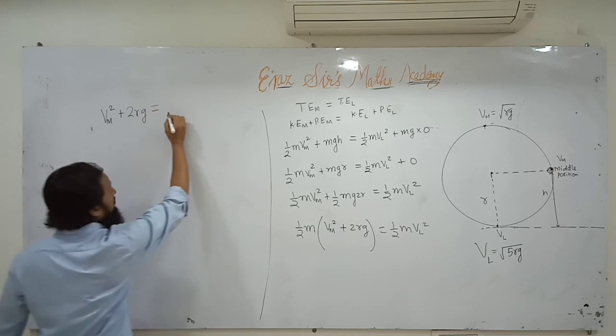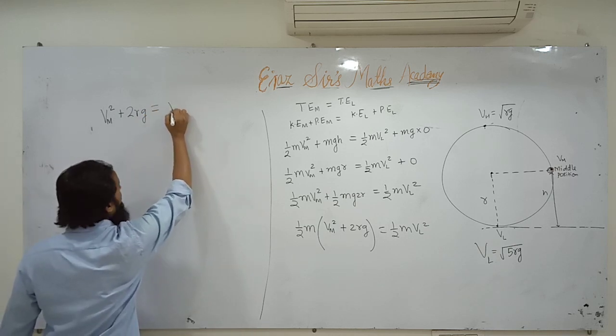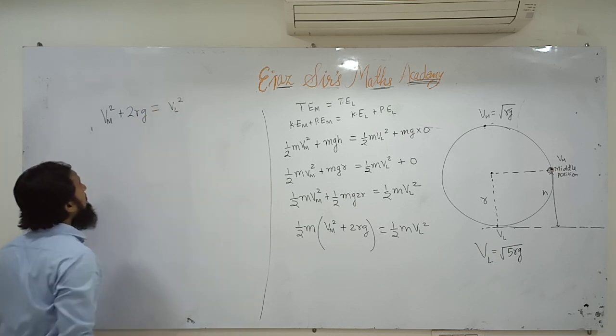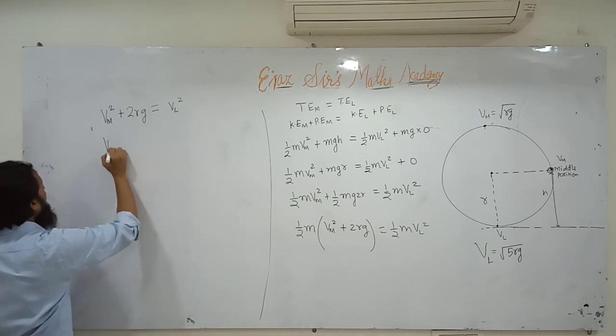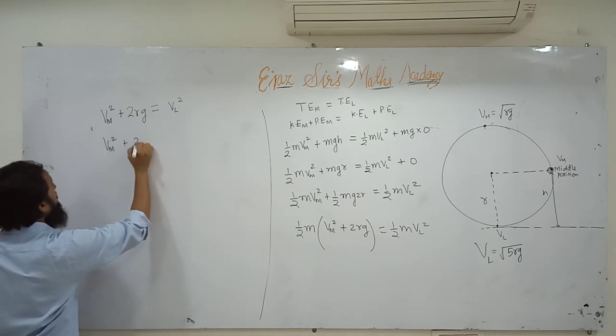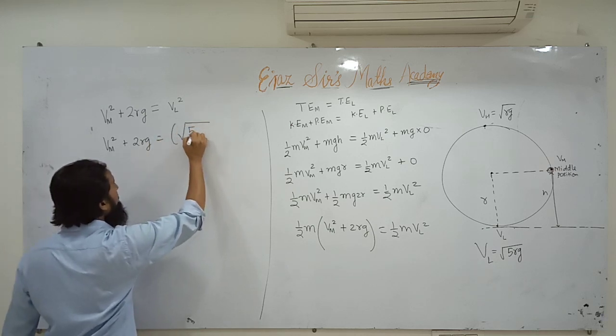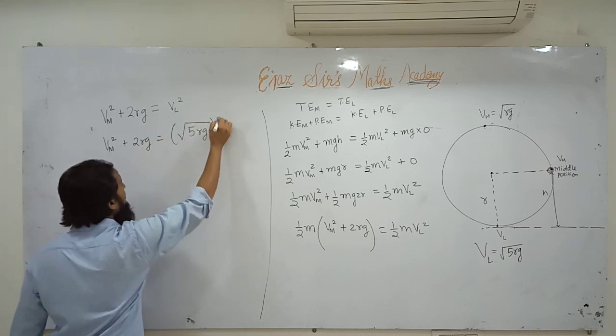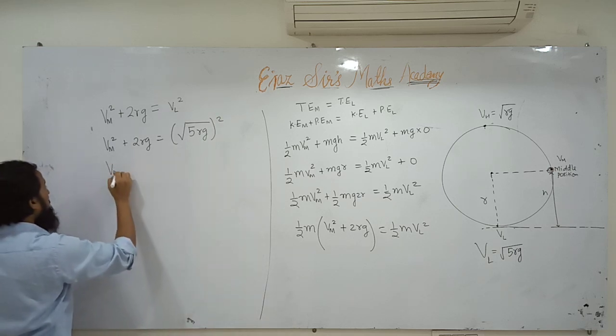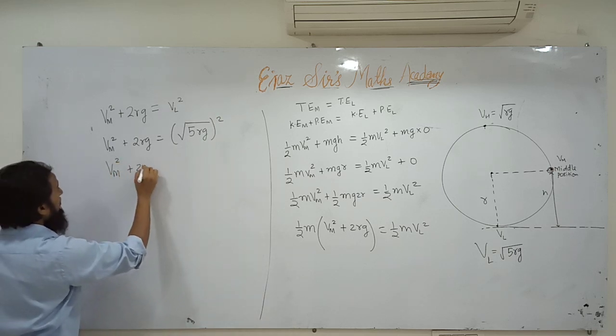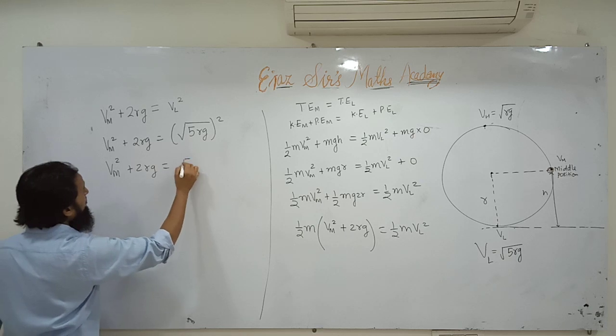Vm square plus 2Rg is equal to VL square. Now what is VL? Root 5Rg, and its square. So Vm square plus 2Rg is equal to 5Rg.